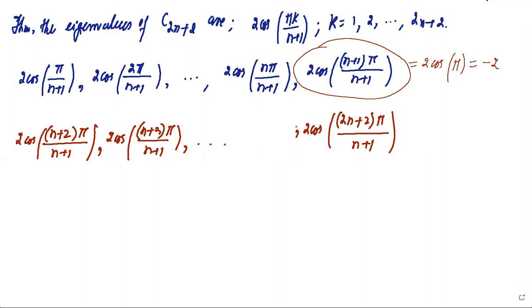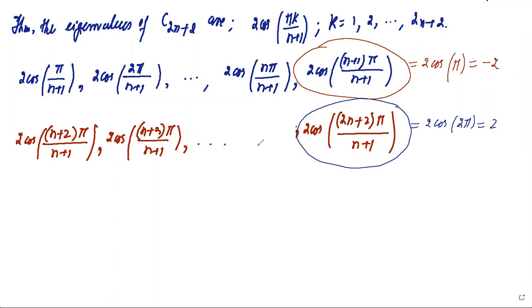Now this last eigenvalue here is actually equal to 2 cos 2 pi, because we can take the 2 common and then n plus 1 and n plus 1 cancel, so we get 2 cos 2 pi, and this is equal to 2. So these two are distinct eigenvalues and they are not repeating.